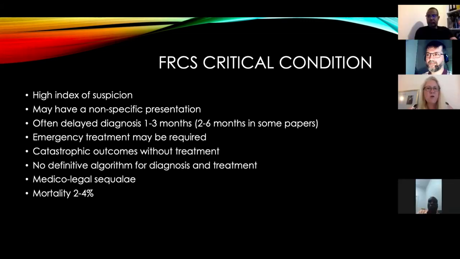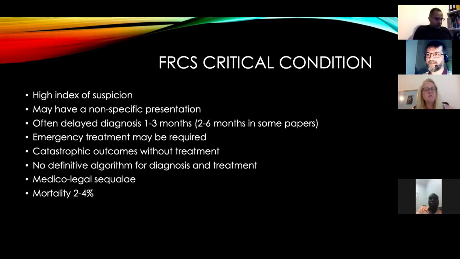Patients can range from acute, severe back pain with neurological deficit and septic shock, to someone gently mobilizing around, no fevers, just a little bit of back pain that doesn't seem to be getting any better. The problem with spine infections is this delay in diagnosis, which on average is between 1 and 3 months, and 2 to 6 in some papers.